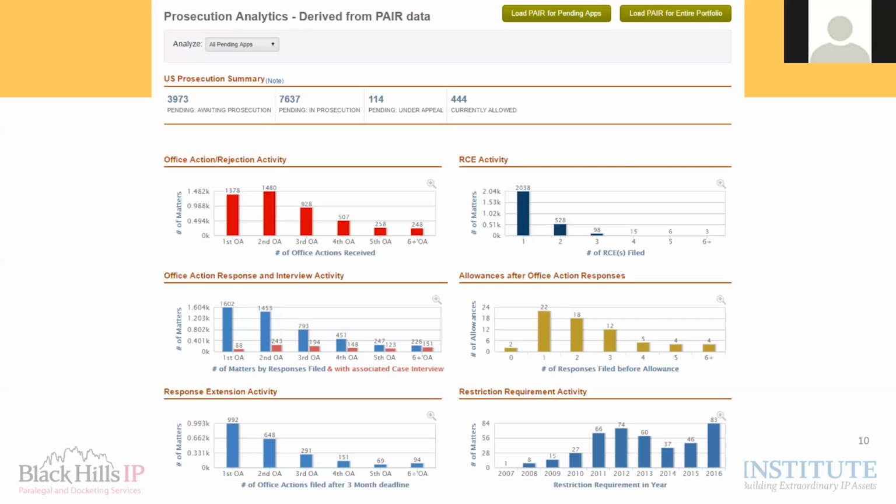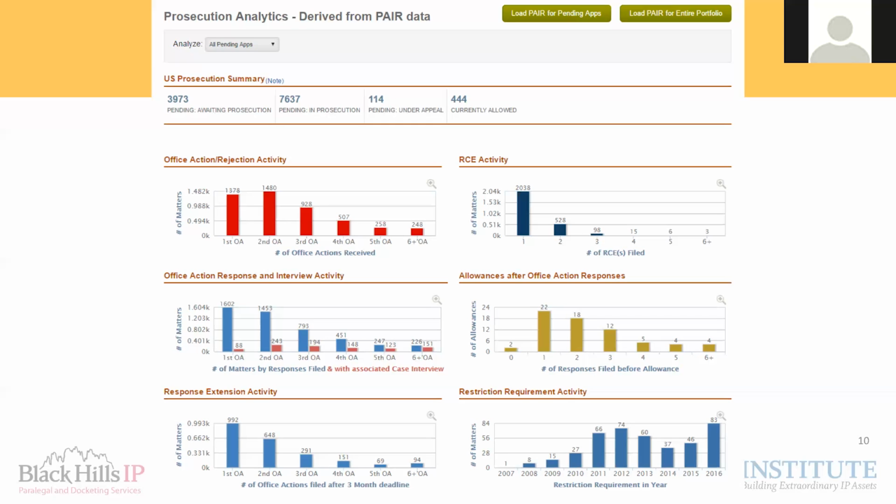And the last thing that I want to talk about on this slide briefly is the bottom right corner, restriction requirement activity. I personally don't like restriction requirements. I think they can be avoided altogether, saving costs across the portfolio. And when I look at this trend, something's going on.